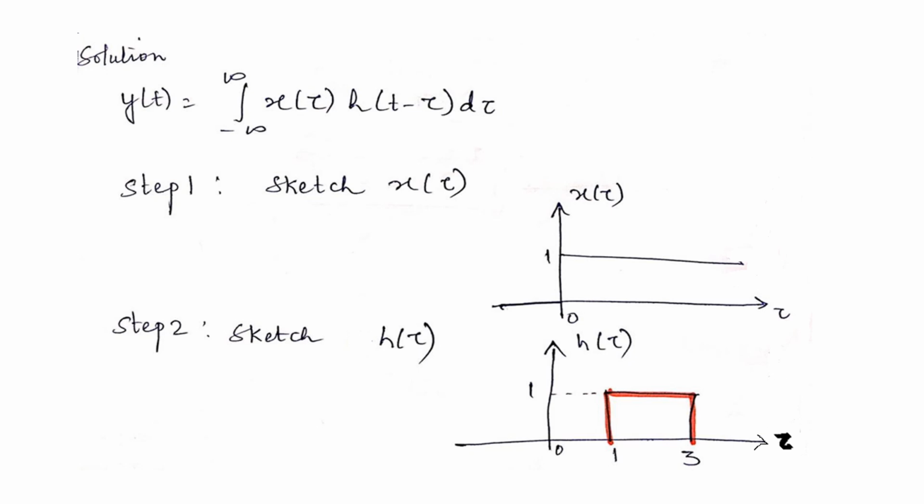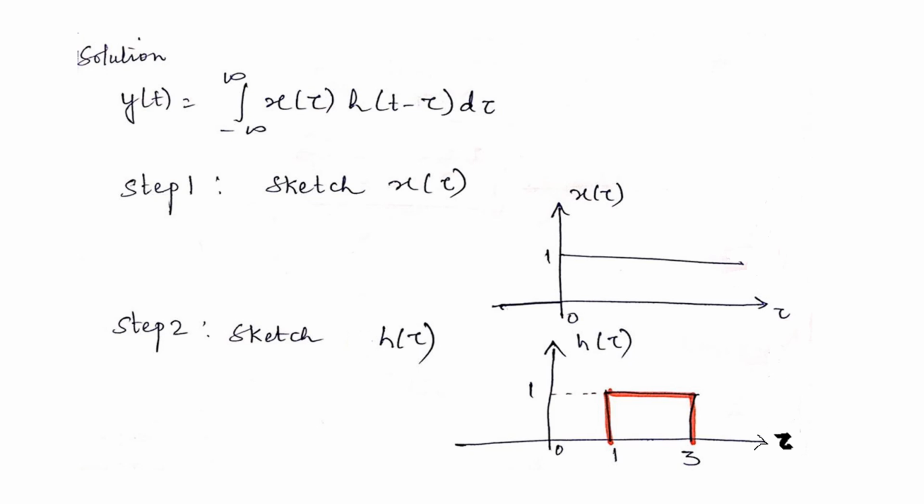We revisit the equation of h of tau from the earlier slide. h of tau has amplitude 1 for all values between 1 to 3 and 0 elsewhere. Tau is the dummy variable, with t replaced by tau. It is only defined between 1 to 3. So here goes our h of tau.